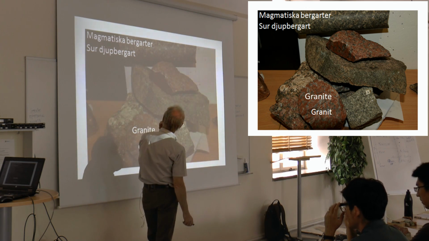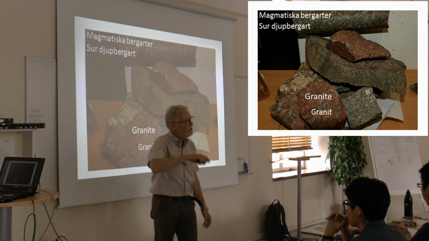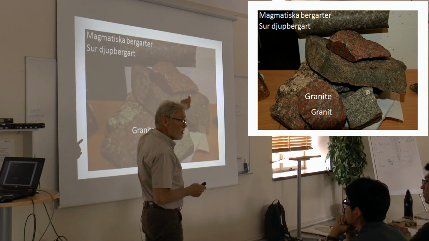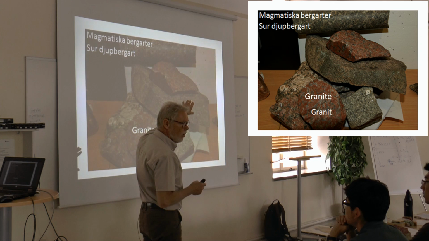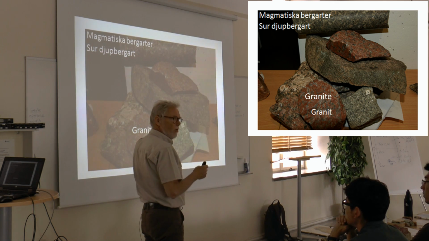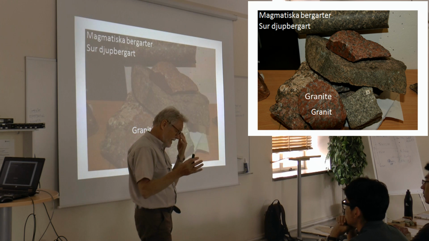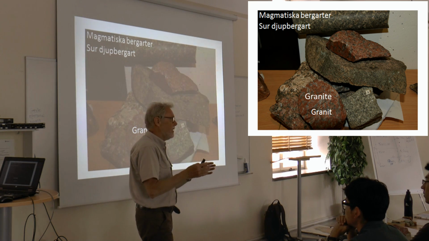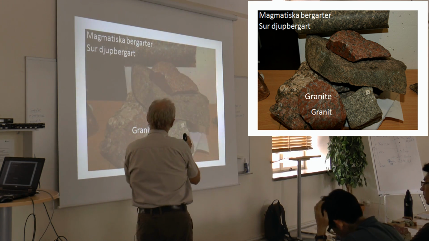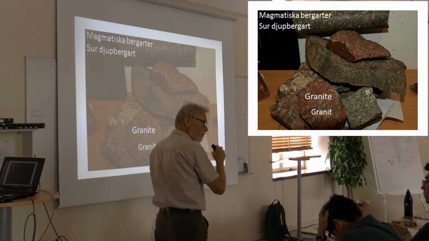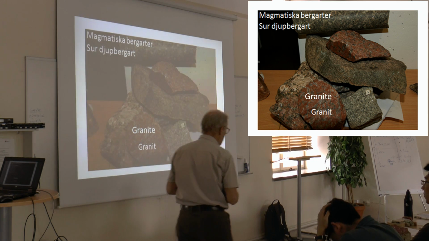The color of granite can be very different depending on if there is much feldspar, a lot of quartz, a lot of biotite, and so on. So in this magma, there can be a lot of different concentrations of magma minerals.